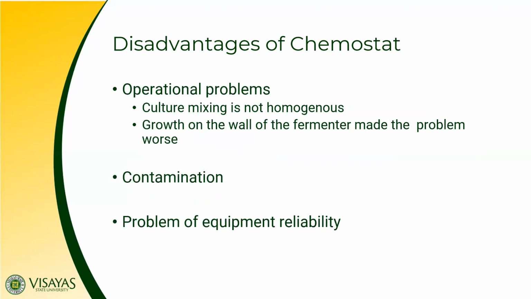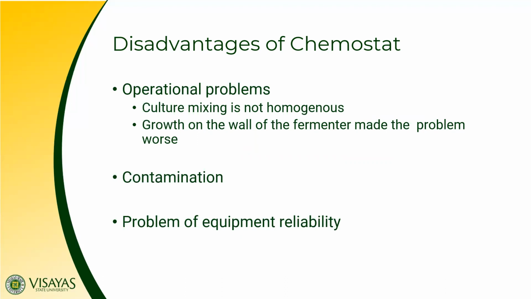Another problem in the chemostat is operational problems. The culture mixing is not homogeneous. It could be that growth on the wall of the fermenter can make the problem worse.